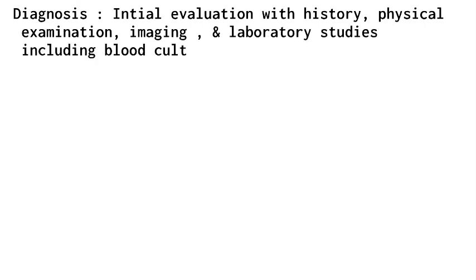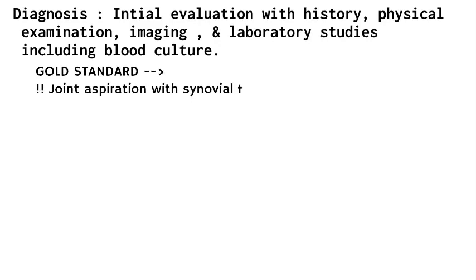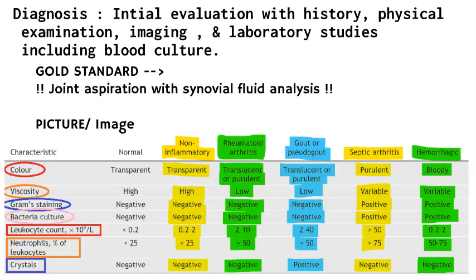Diagnosis: initial evaluation with history, physical examination, imaging, and laboratory studies including blood culture. The gold standard is joint aspiration with synovial fluid analysis. This picture or image is very important.